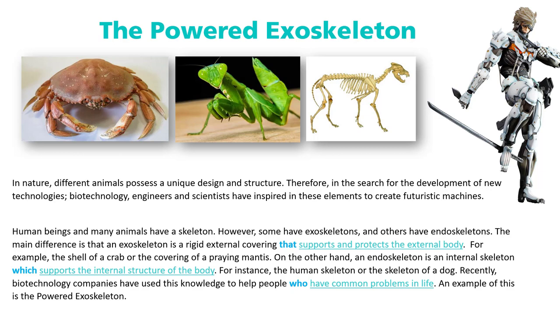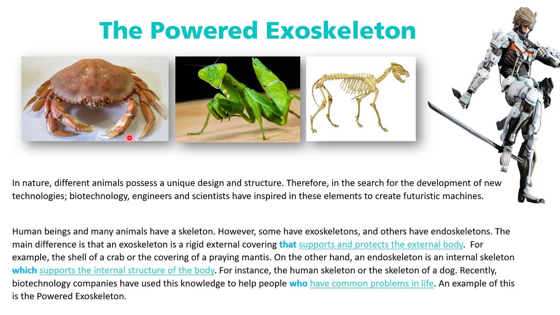However, some have exoskeletons and others have endoskeletons. The main difference is that an exoskeleton is a rigid external covering that supports and protects the external body. For example, this is an exoskeleton, this is an exoskeleton, and this is an exoskeleton. For example, the shell of a crab or the covering of a praying mantis.